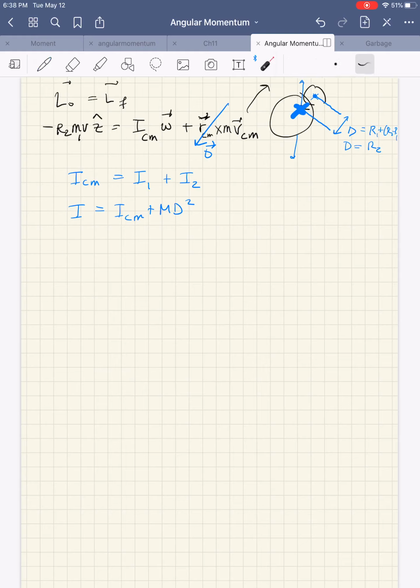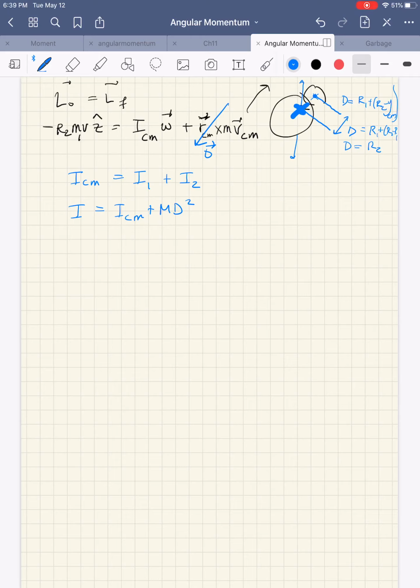For you guys, inputting into here, D will be equal to R1 plus Y center of mass minus R1, plus R2 minus Y center of mass. For me, that Y center of mass was just R1, remember? So my D is R2.